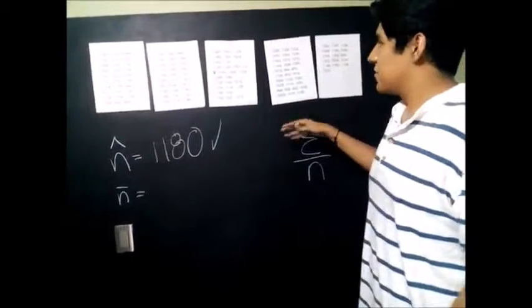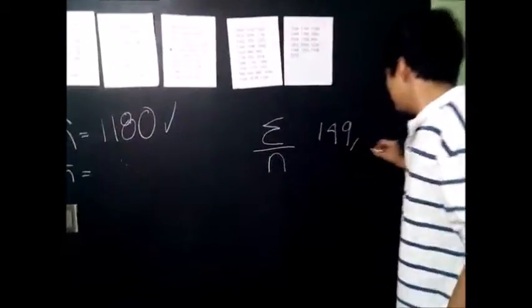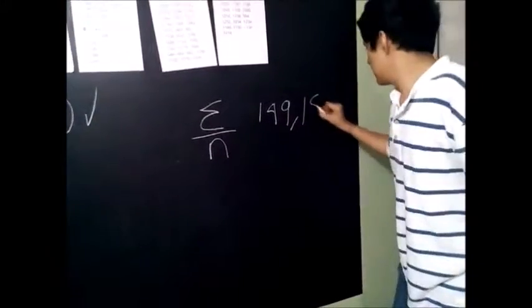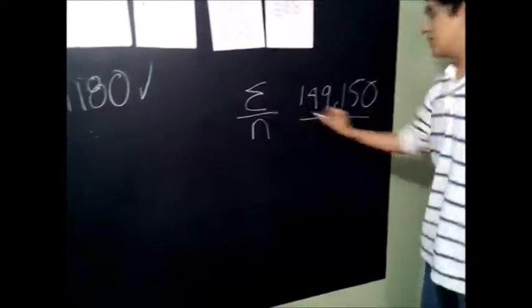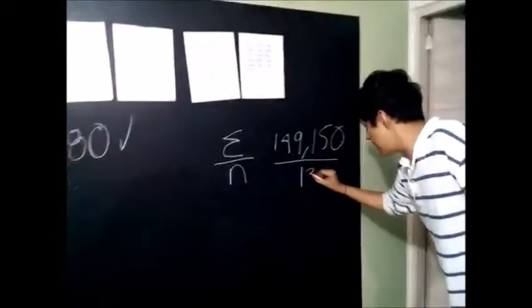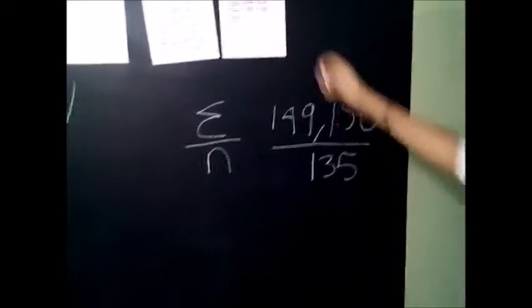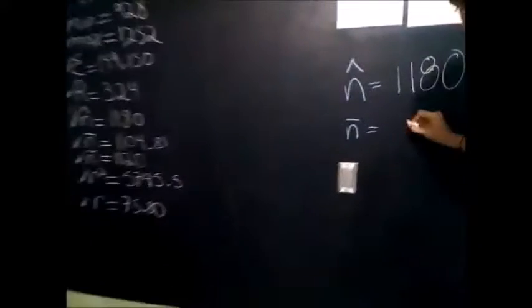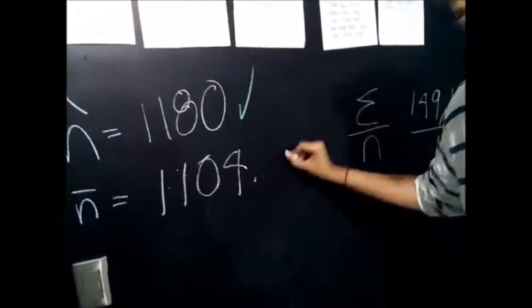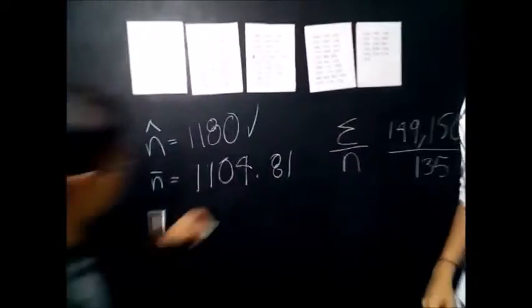The summatory is 149,150 over 135. We divide this and we obtain 1,104.81. That's right.